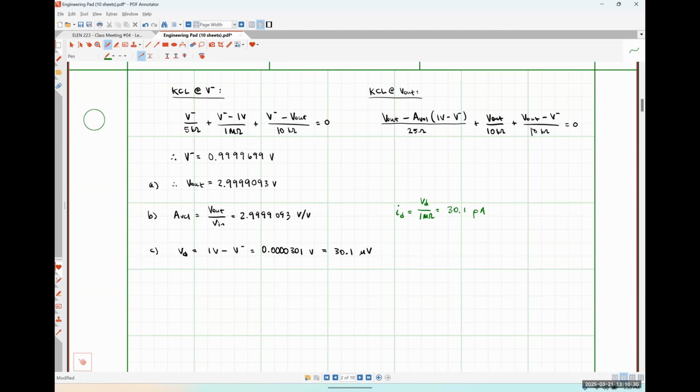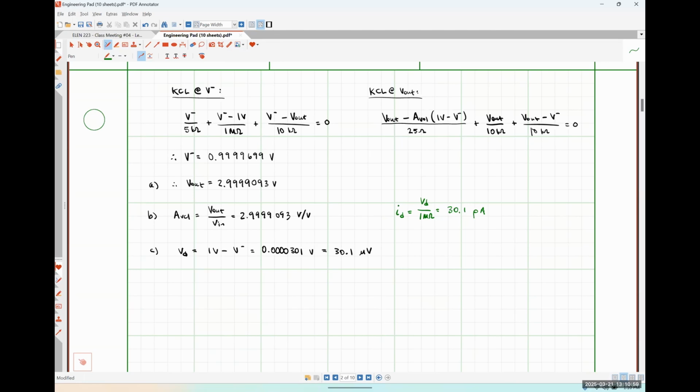What was our second ideal op amp rule? Okay, so if the voltage at the inverting input terminal has to be equal to the voltage at the non-inverting input terminal, what would that say about our differential voltage VD for an ideal op amp? It's zero. We're getting 30.1 microvolts, which is 5 or 6 orders of magnitude smaller than our input signal.